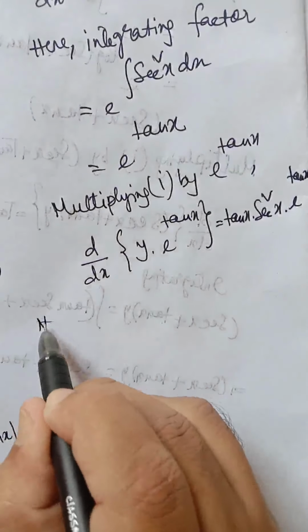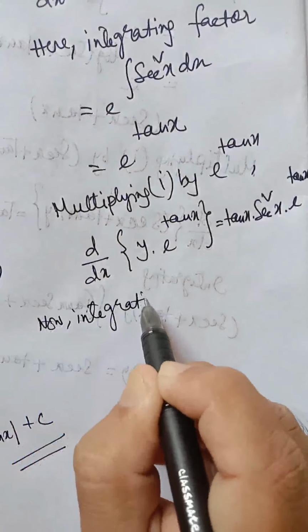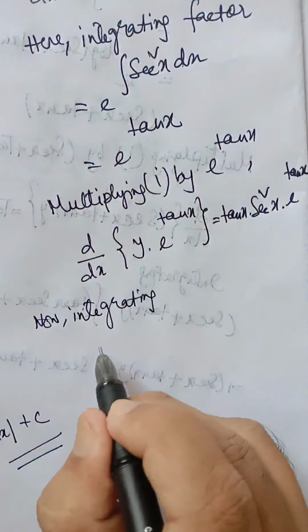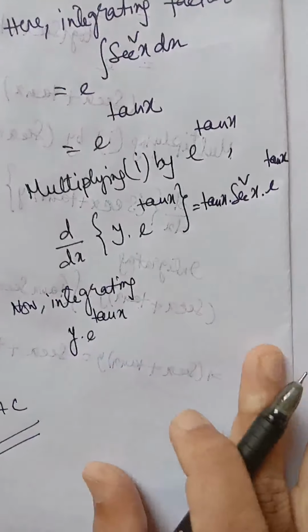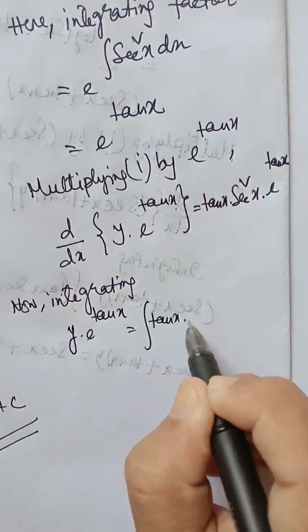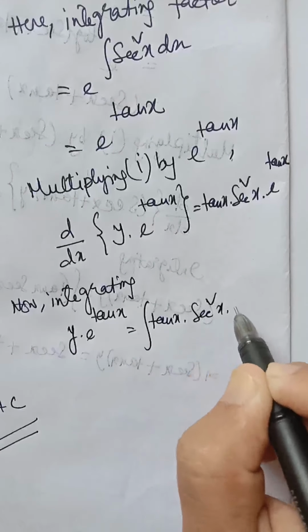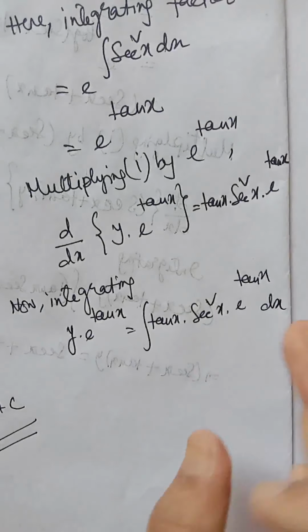Now if we integrate, the left hand side will become y into e to the power tan x. The right hand side will become tan x into sec square x into e to the power tan x dx. Now we have to integrate this.